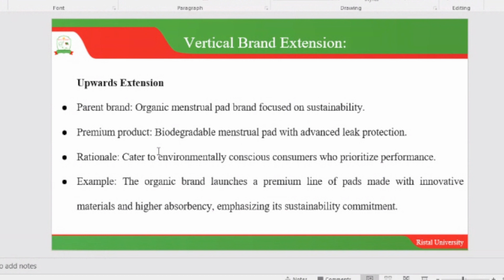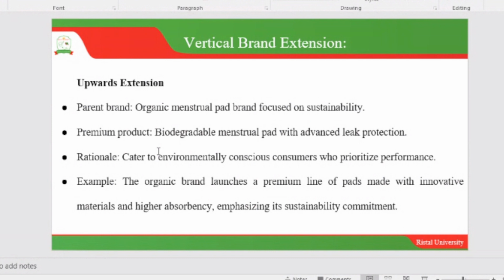So the rationale is that it caters to environmentally conscious consumers who prioritize performance. So you will be caring more because they will want performance, that if you're testing for this, then you are sure. Not testing again after 2 days, then the person develops another illness and then tests another day.